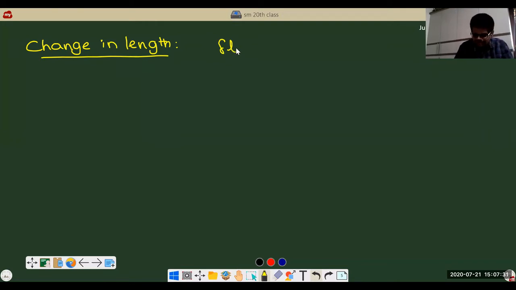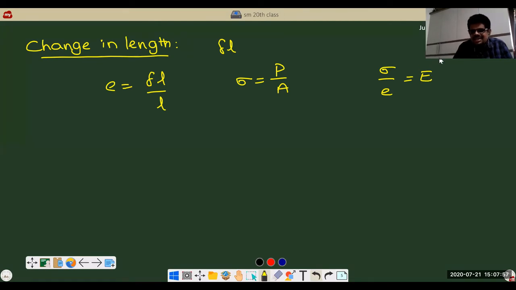We know that e is equal to delta L by L, and also sigma is equal to P by A, and also sigma by e is equal to capital E. Remember that this is small e and this is capital E. Small e means it is strain. Capital E means it is Young's modulus or modulus of elasticity. So we have to determine the change in length in some cases.